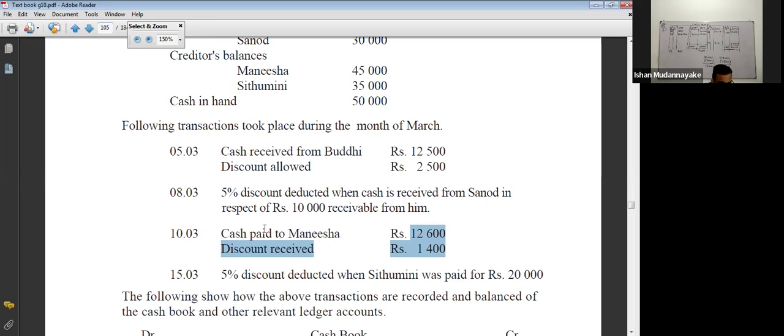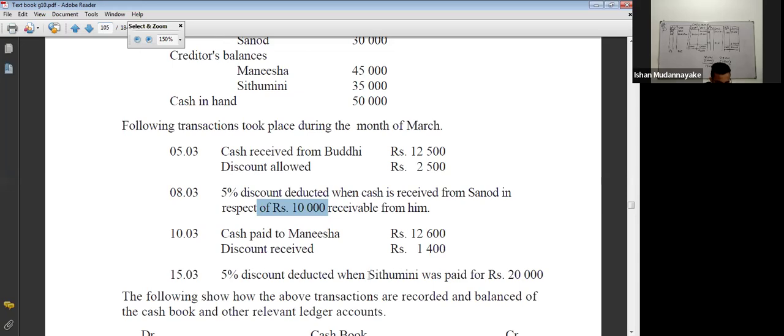But here a 5% discount is deducted when cash is received from Sanod in respect of 10,000. He is going to pay us 10,000, and at that time we offered the 5% discount.